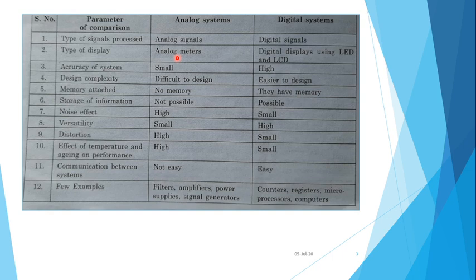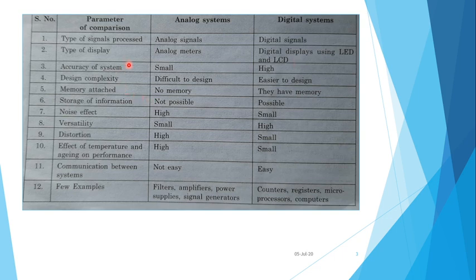If you remember, in earlier days we used to have analog meters, analog voltmeter, milliammeter, microammeter, which use needles to display the given reading, right? And for digital systems we have digital displays using LED and LCD.